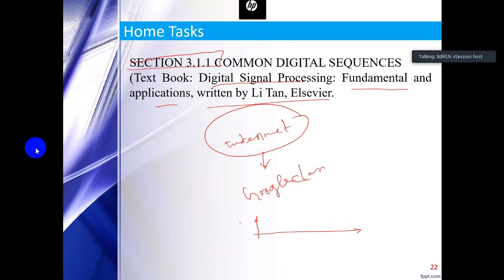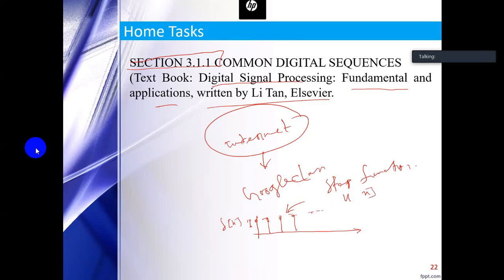We have known about the delta function. Now, if you consider impulses of equal amplitude, consider one, then this function is called a step function, generally represented as y of n.